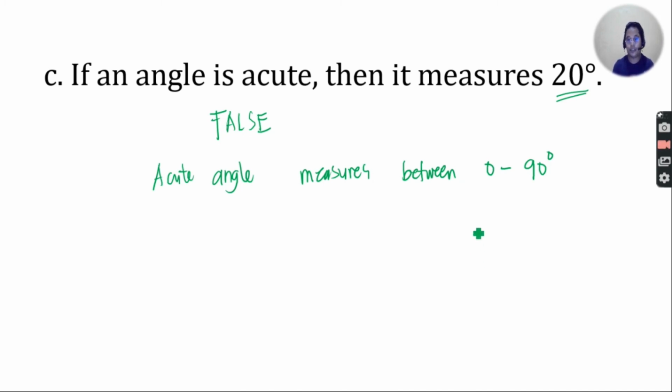So, ayan po. So, kaya po, pwedeng 45 po yung ating measure po. Or pwedeng 42, 58, 78 po. So, kaya po ay false po yung ating conditional statement.